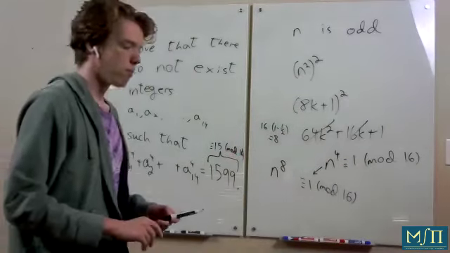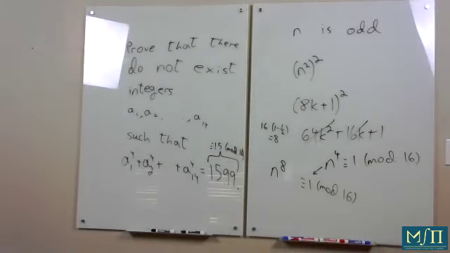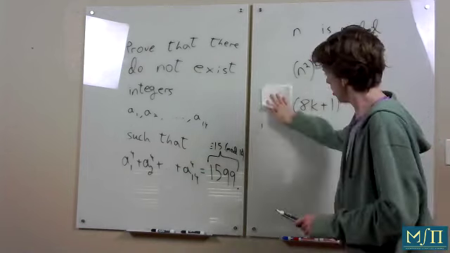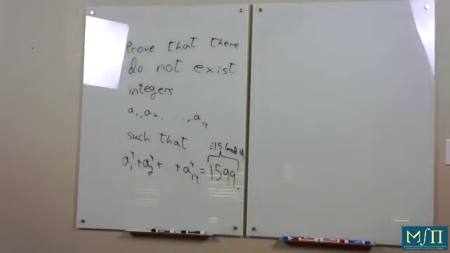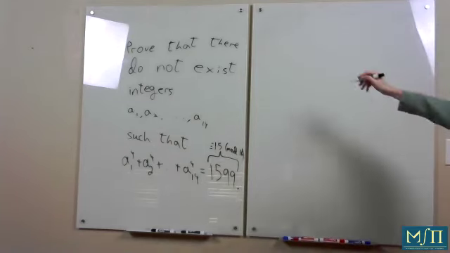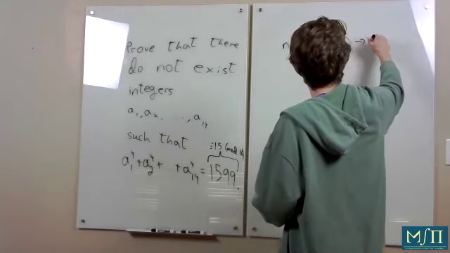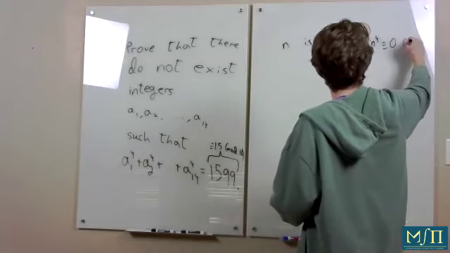And so what do we have here? If n is even, its fourth power is 0 mod 16.